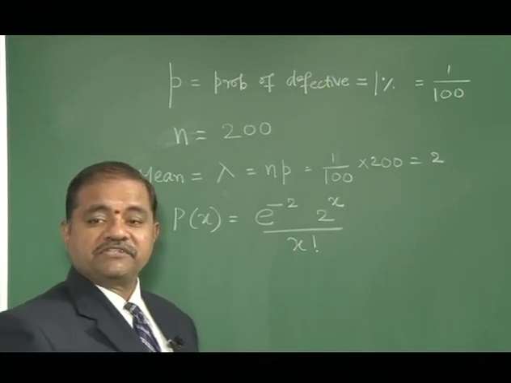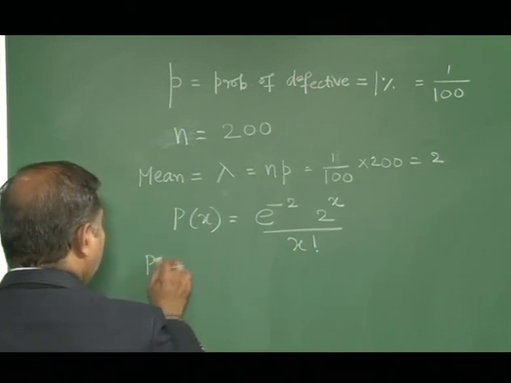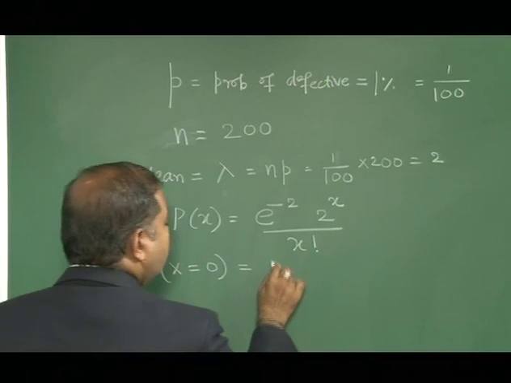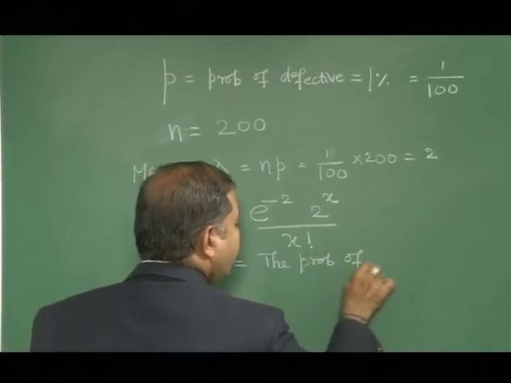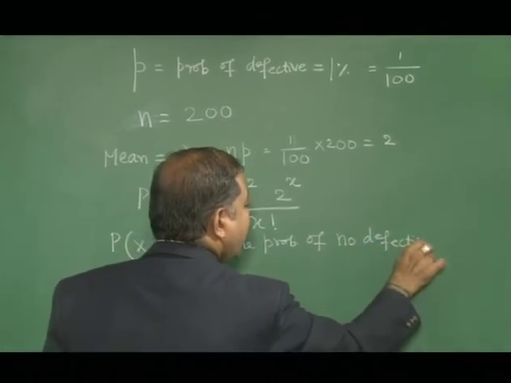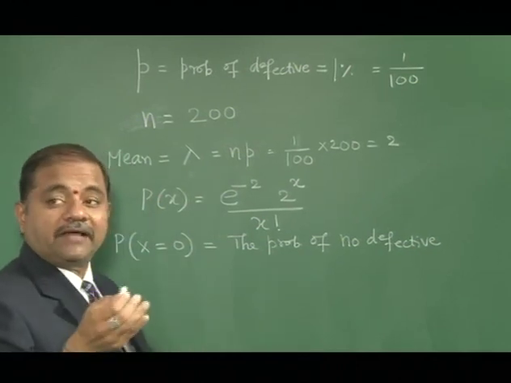What is the first question? No defective. Put x is equal to 0. That means we should write the probability of no defective. Don't write answers directly. Every class I am telling you, you should define and then write it.